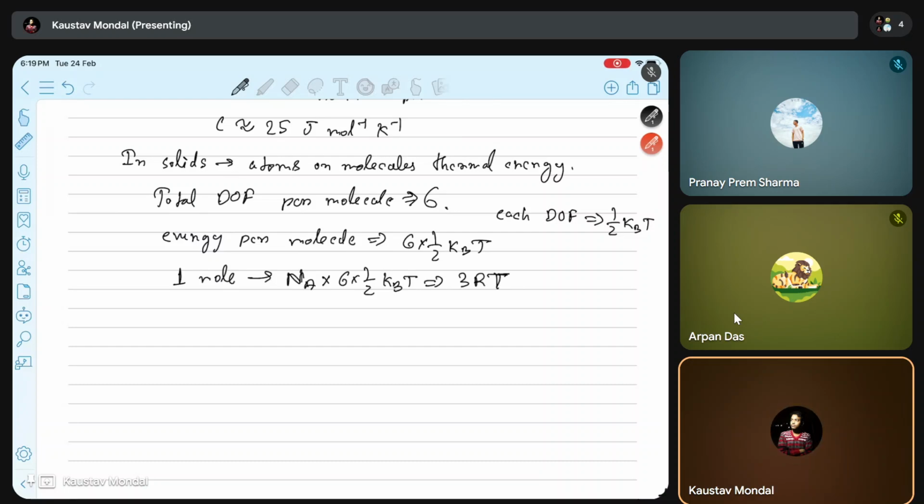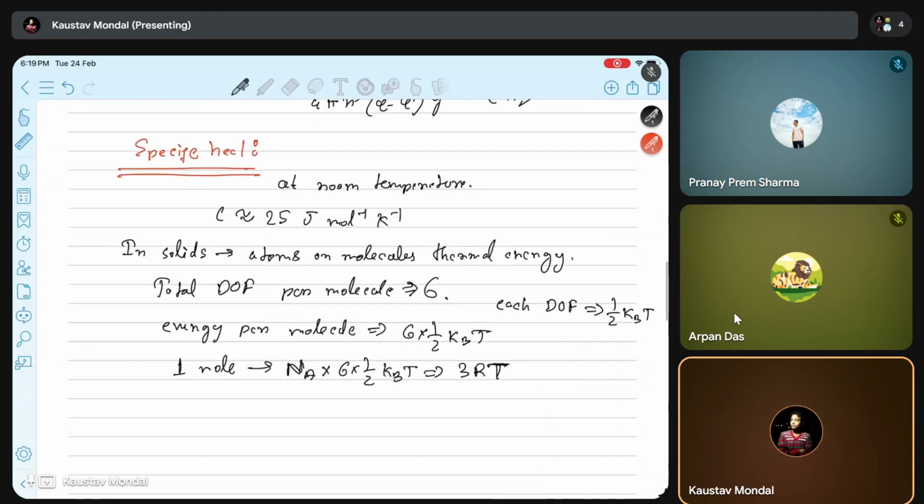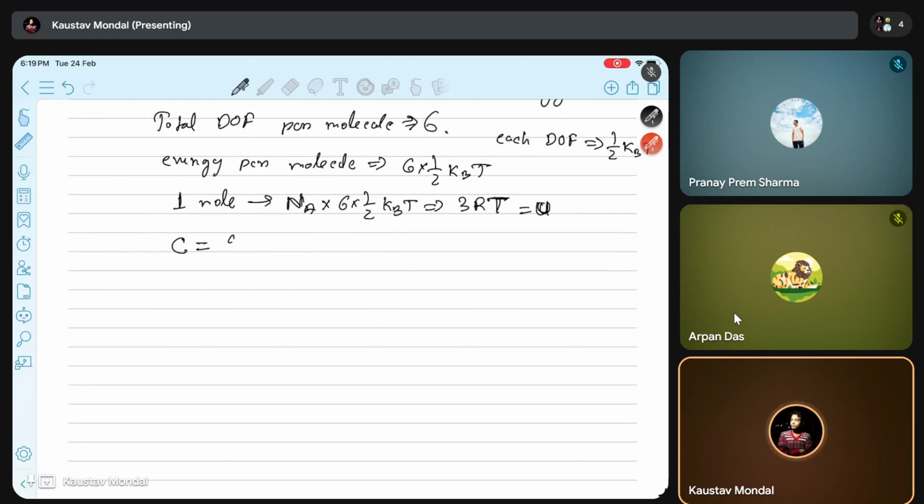Because Na into kB is equal to the gas constant R. Now if you calculate the C, this is basically U, that is the energy. C is the specific heat. So C is basically dU by dT, that is 3R. And 3R is what? 3 into 8.314 joule per mole inverse Kelvin inverse.